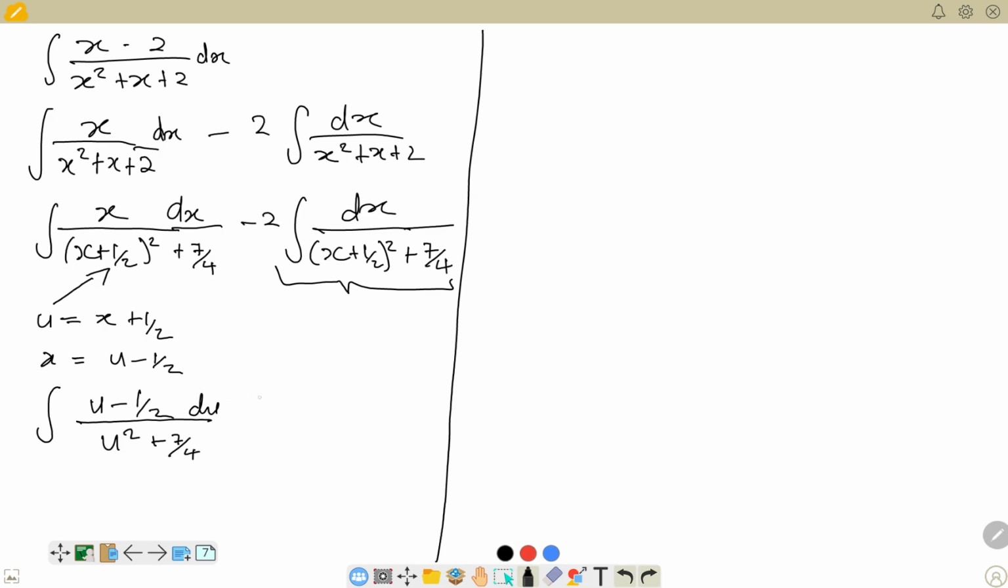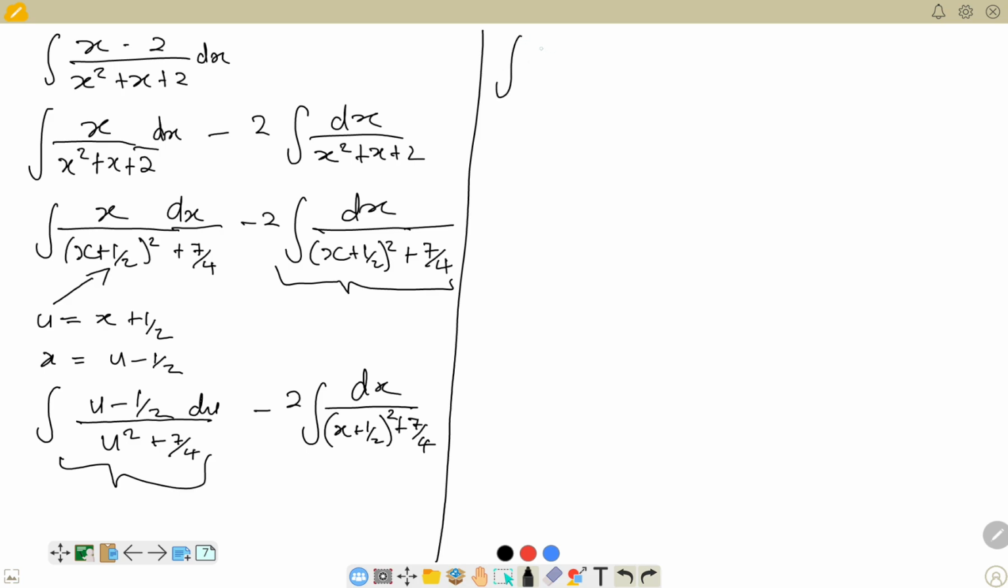Now this should be du, because I'm actually now working with integration of u. I changed everything to be u. Then this side, we can leave it as it was, because we can actually solve the integral for this by using arctan. Then we can split this term here into 2.